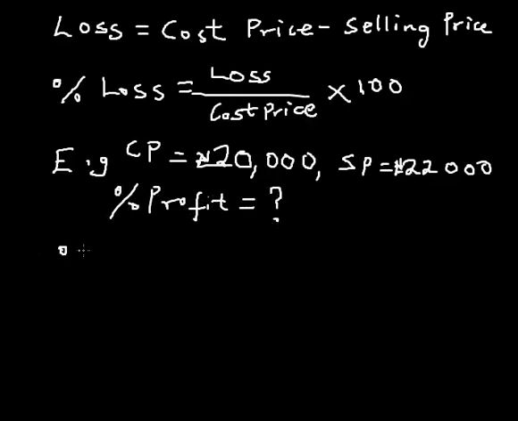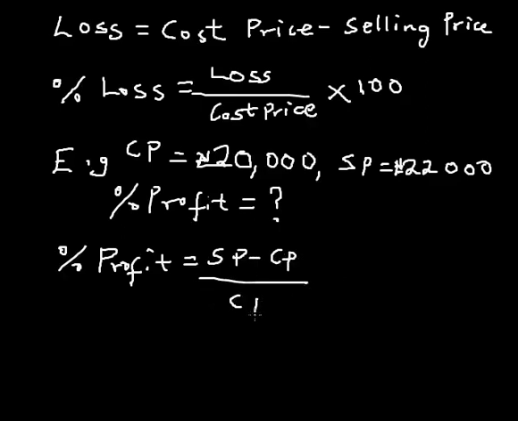So the percentage profit, as we already know, is selling price minus cost price. That's the profit made, SP minus CP, divided by the cost price CP, then times 100.